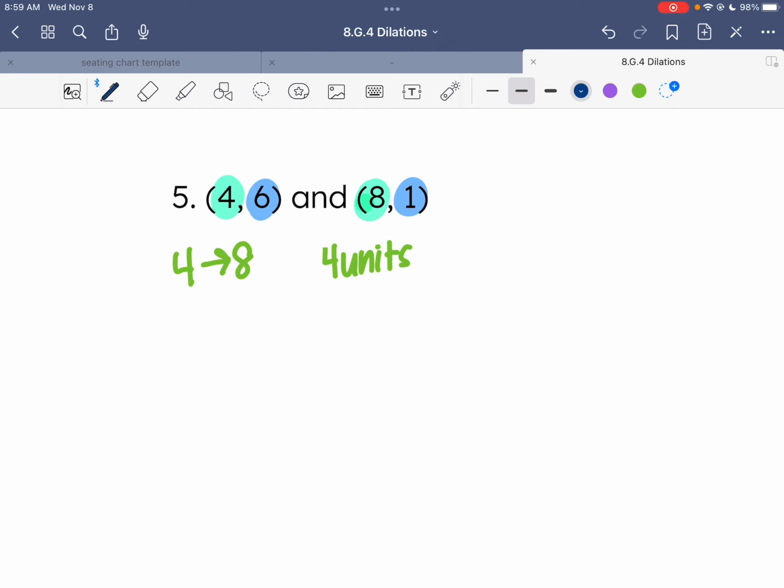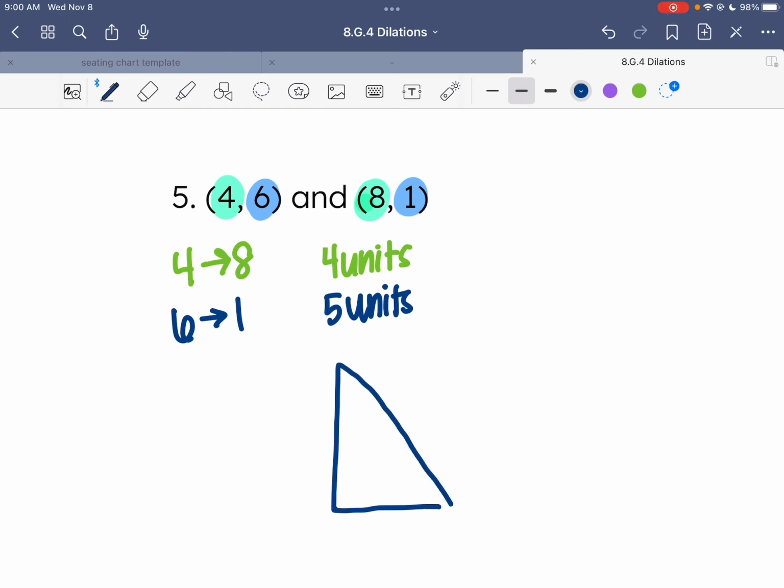So the difference from 6 to 1 is 5 units. So we're going to draw a right triangle. So our X, which is our left and right, is going to be 4. And our Y, which is up and down, is going to be 5.